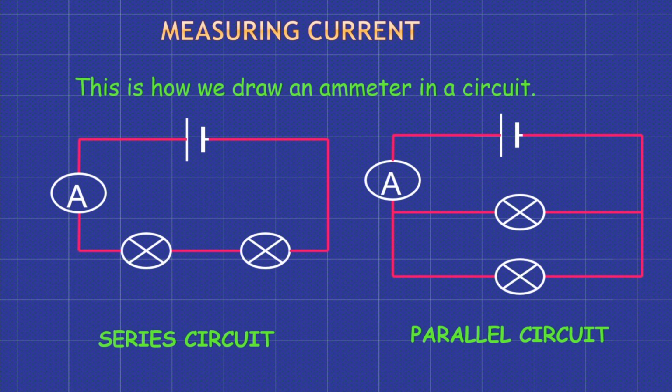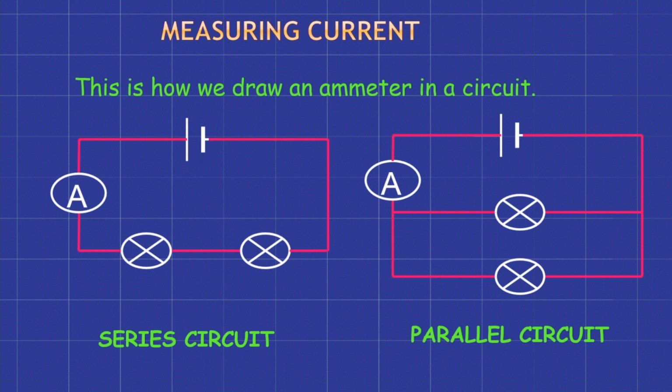Here I also want to add some information: in a series circuit, the current that flows through each of the components is the same, and the voltage across the circuit is the sum of the individual voltage drops across each component.